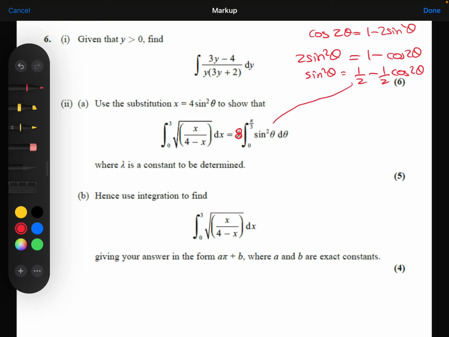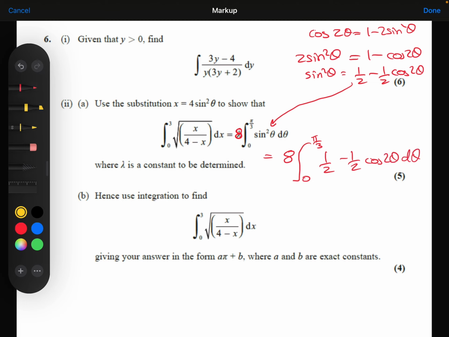So I can put this in here instead of the sine squared, which will give me 8 times the integral from 0 to pi over 3 of 1/2 minus 1/2 cos 2 theta.